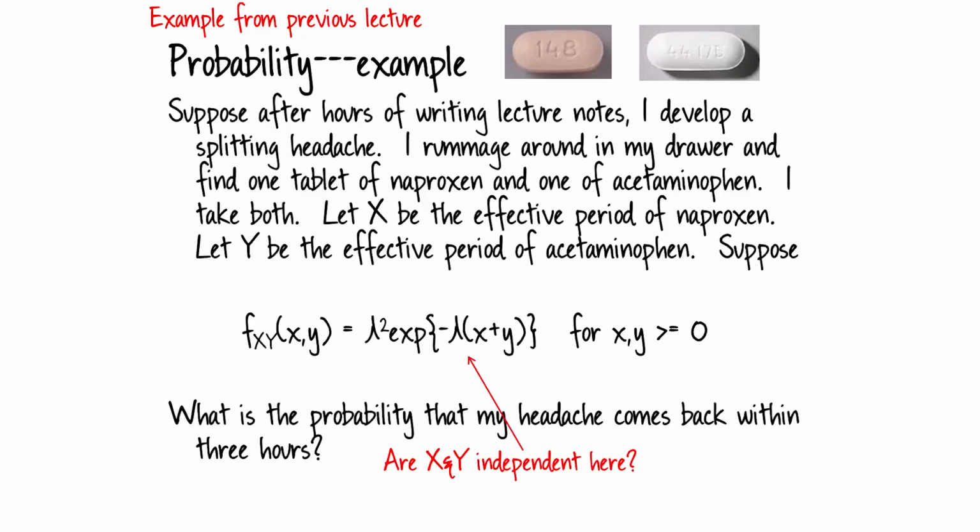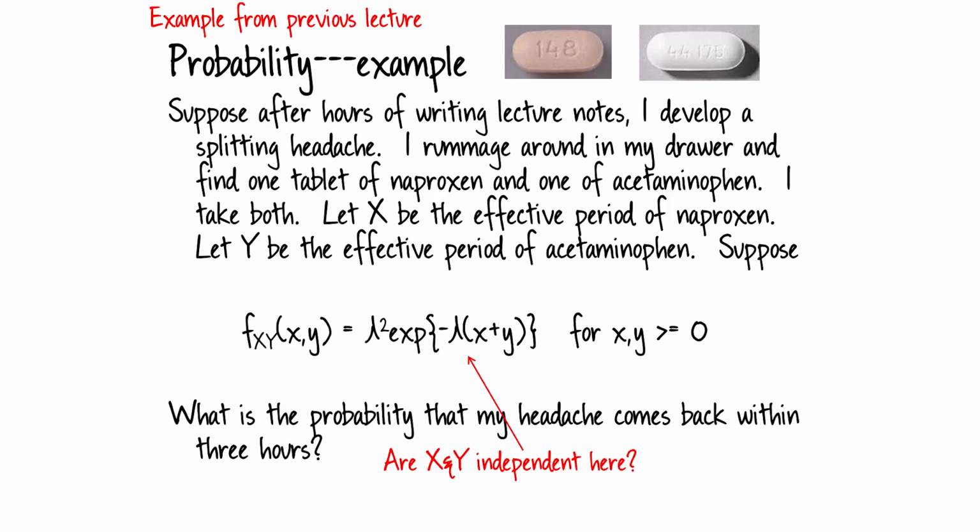Do you remember the headache example from a few lectures ago? Let's return to that example and ask ourselves about the relationship between the two random variables, and in particular, whether they're independent.